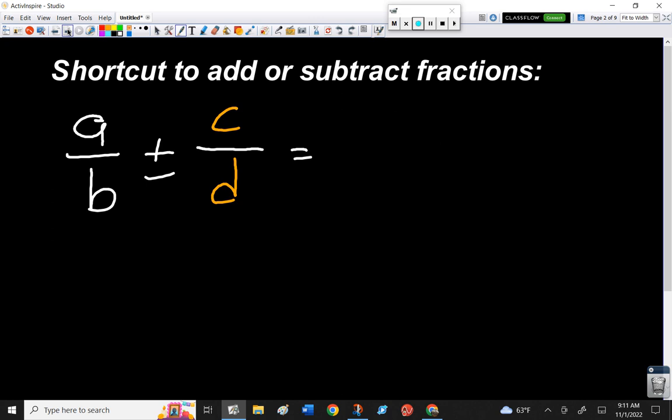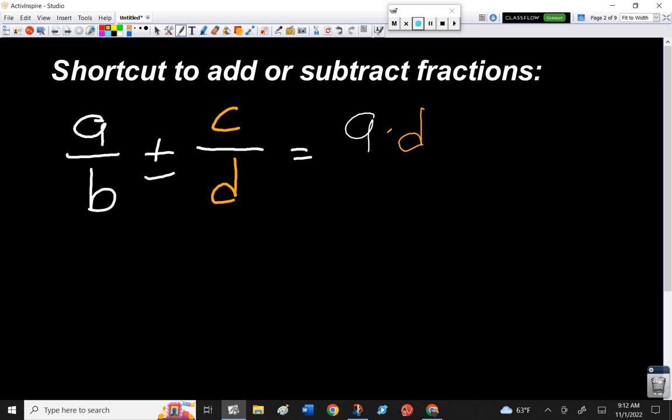Our shortcut is, take a and multiply that times d.